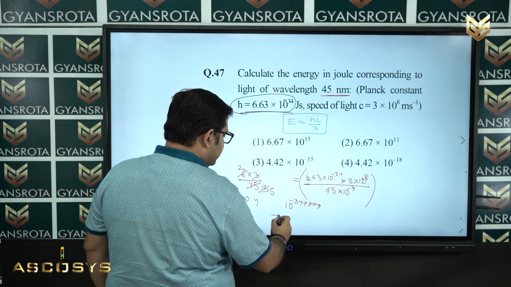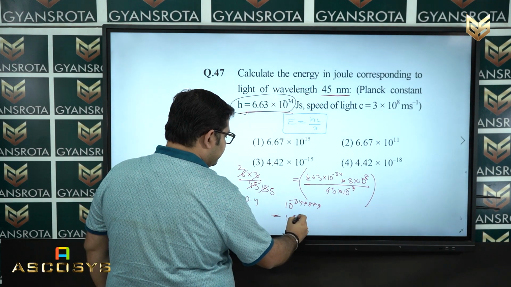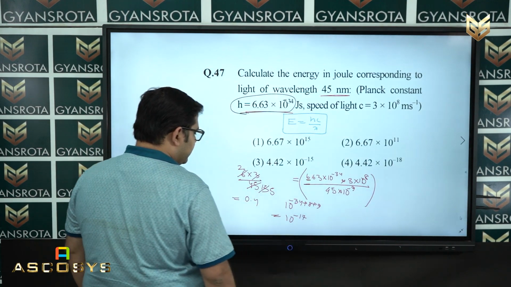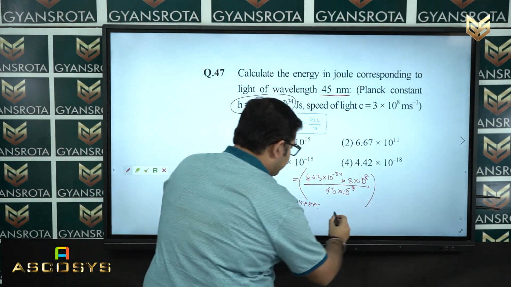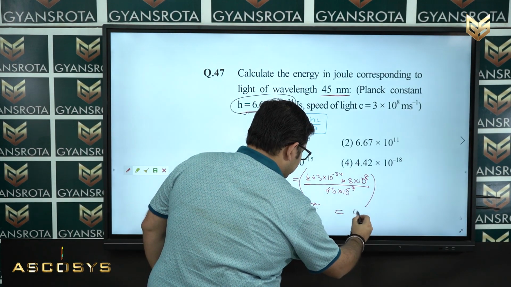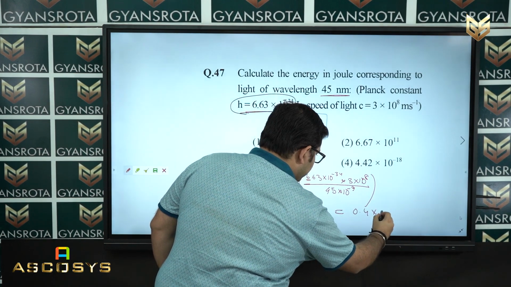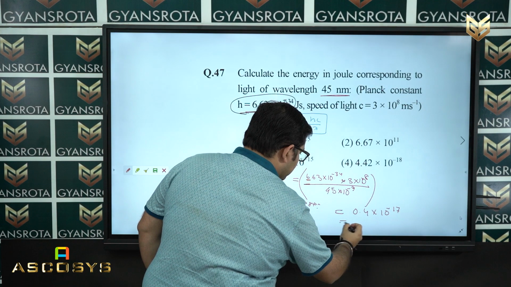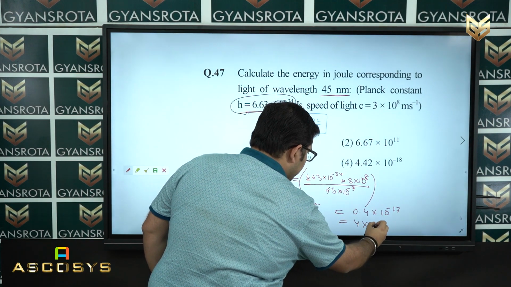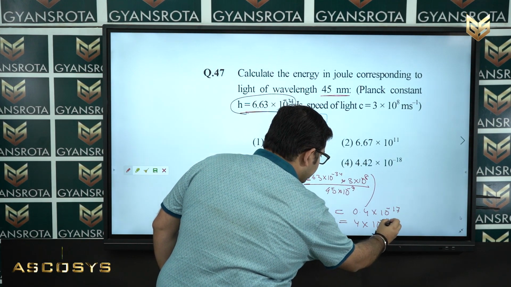If you do this, it comes as 10 to the power minus 17. Now if I write it, your value is coming around 0.4 into 10 to the power minus 17. It means 4 into 10 to the power minus 18.